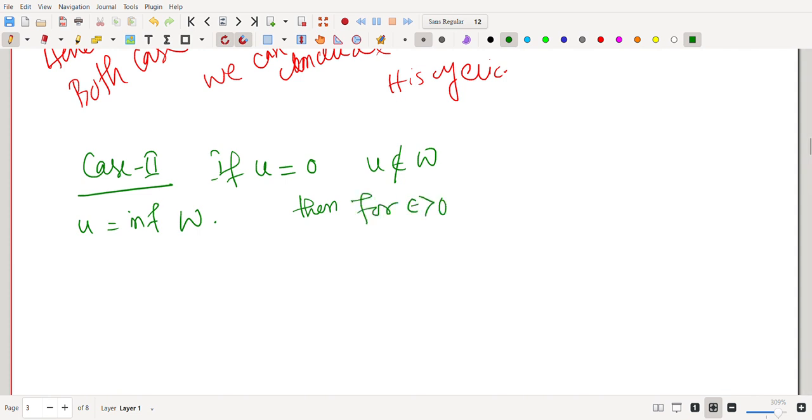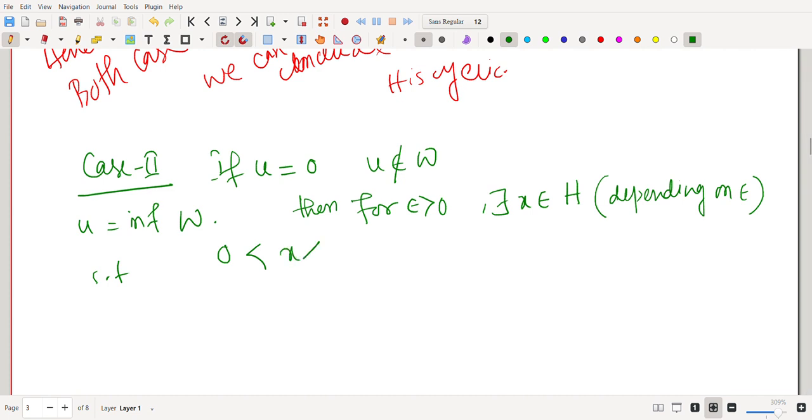for any epsilon greater than 0 there exists an x belonging to H, depending on epsilon definitely, such that 0 less than x less than epsilon, because 0 is the infimum element, right?